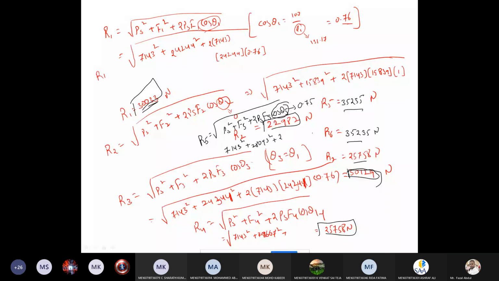Just see. R5 and R6, very good. R5 and R6 is the maximum value. So for the safe design, R5 value, otherwise R6 value, we are taking into consideration. How much? 35 to 35 newtons.